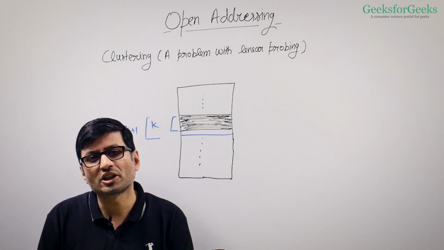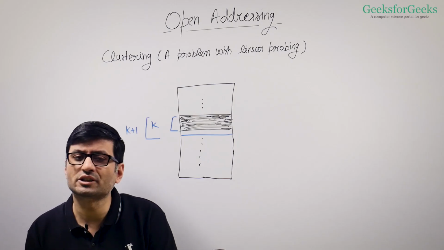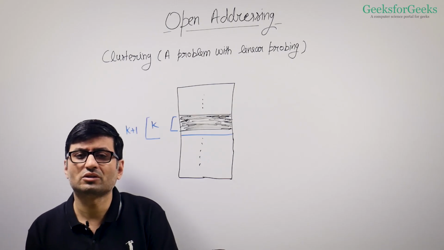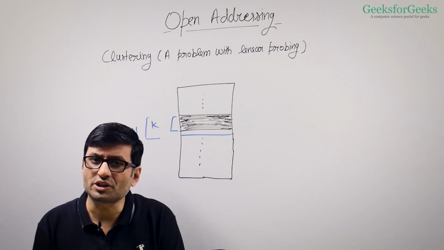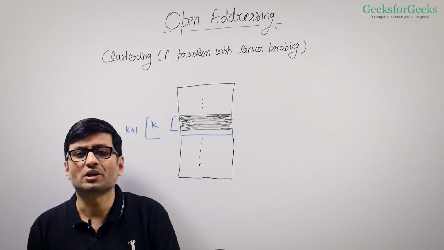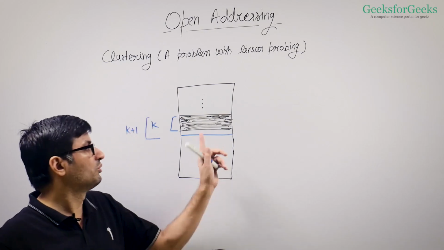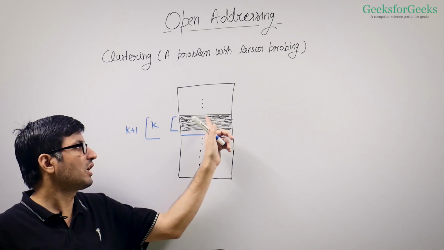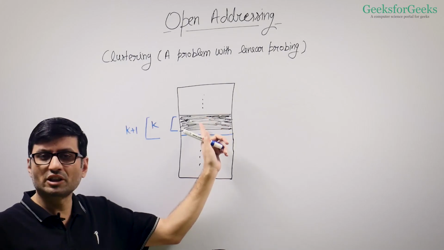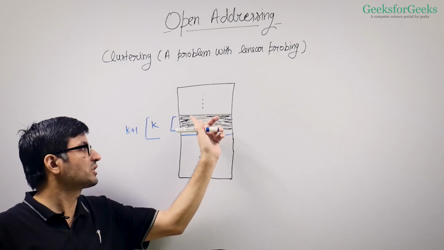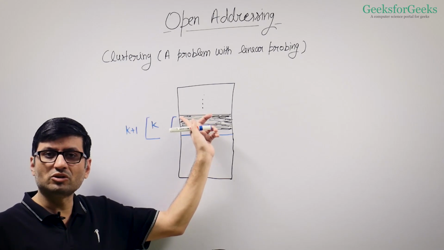Due to these clusters, all your operations become costly: search, insert, delete. Because in all the operations, we need to first search, and we stop the search either when we find the key or we find an empty slot. So in the worst case, you will find an empty slot only after traversing all the slots in the cluster. The worst case happens when you are searching for something which maps to this cluster and it is not there.